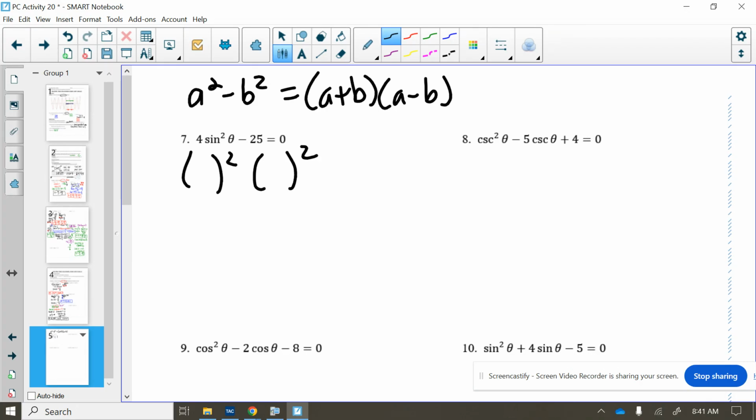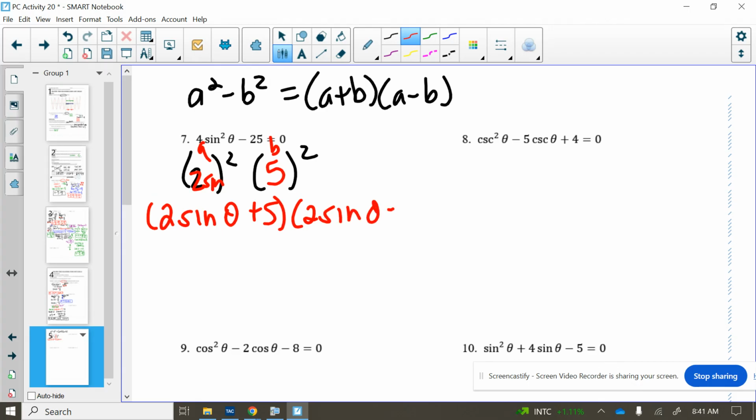What squared is 25? Well, 2 squared is 4, and then sine squared is sine squared, and then 5 squared is 25. So we have our a and our b values. So 2 sine theta plus 5, 2 sine theta minus 5 end up being our answers here.